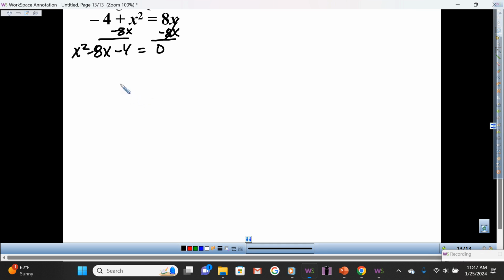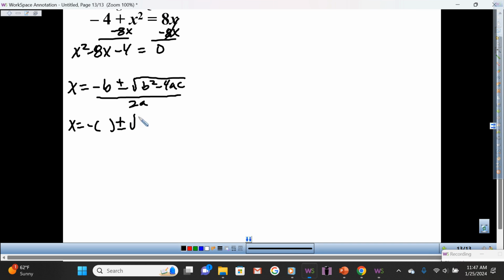What's that? Quadratic formula? Minus 4ac over 2a. All right. Let me rewrite that for the sake of time with parentheses.